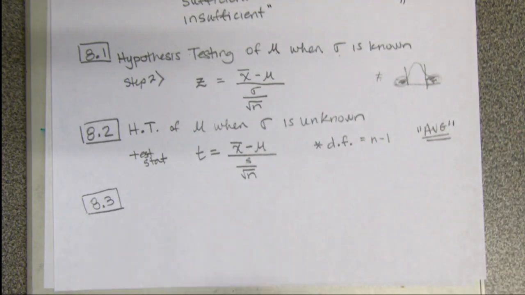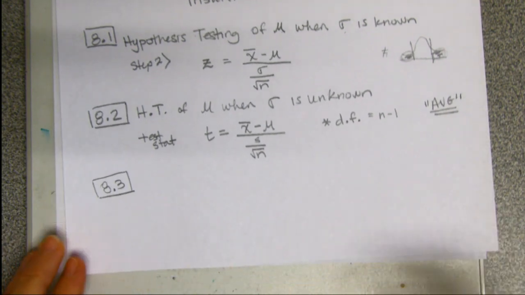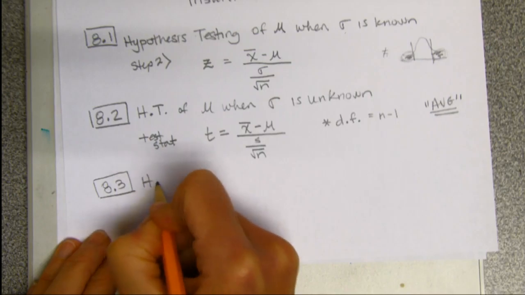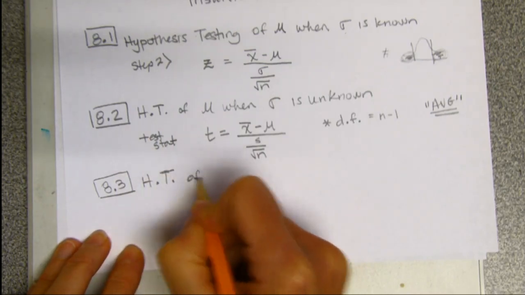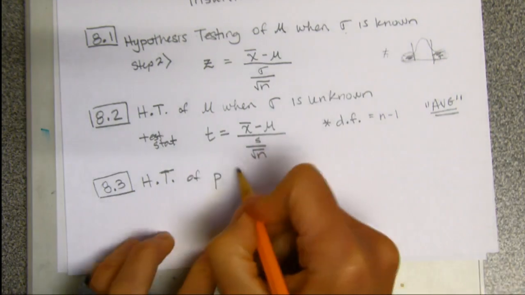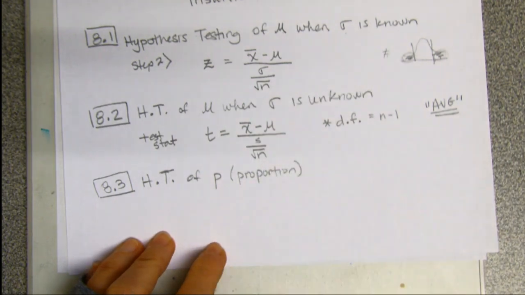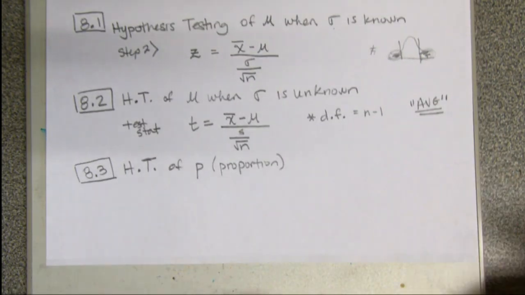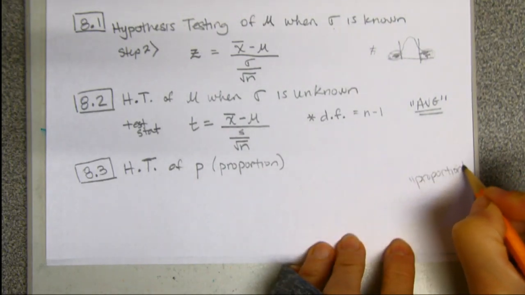Go back and look at the conclusions and see the word average, because we're about to change that. 8.3 is hypothesis testing of P. And P is a proportion. So in your conclusion, you're going to have the word proportion.